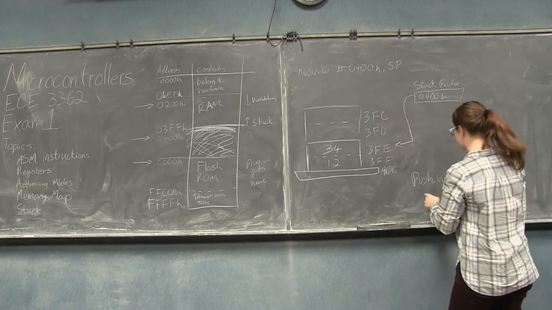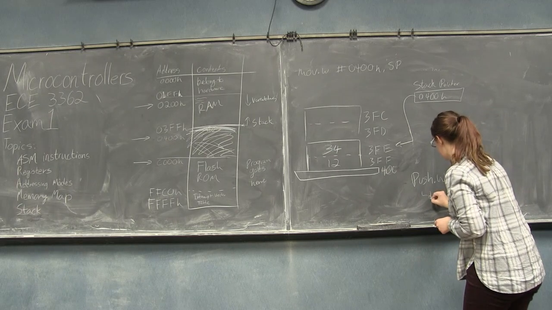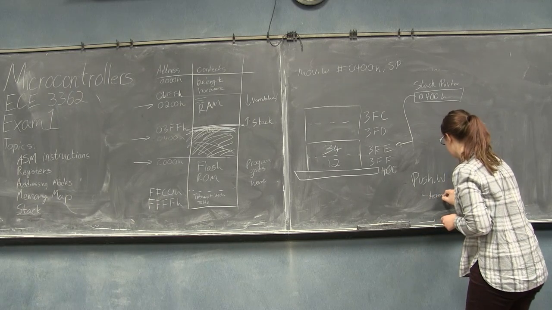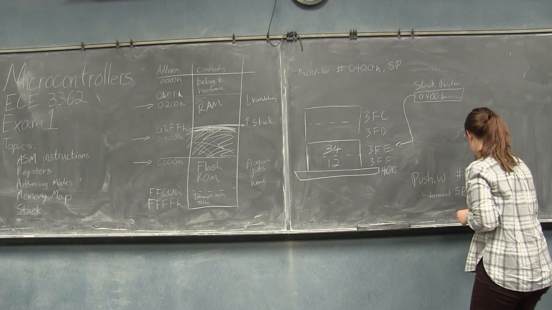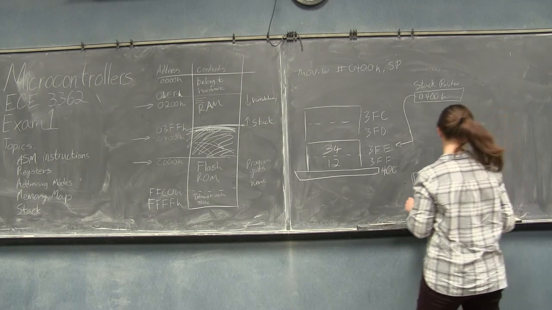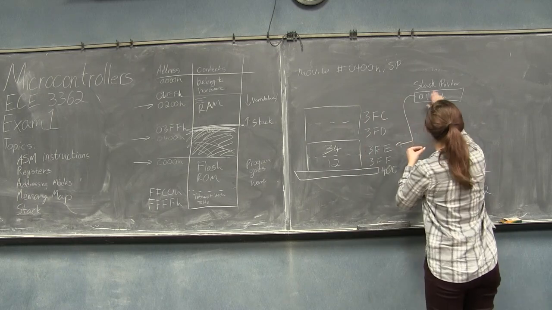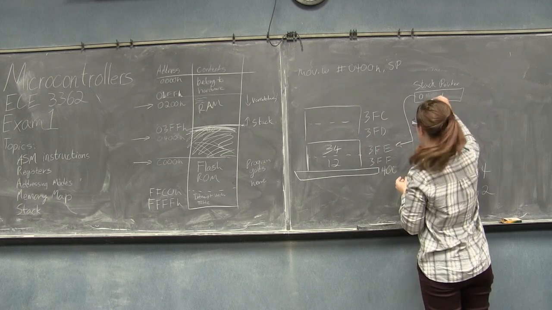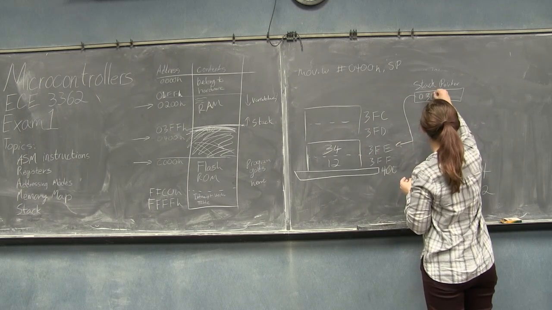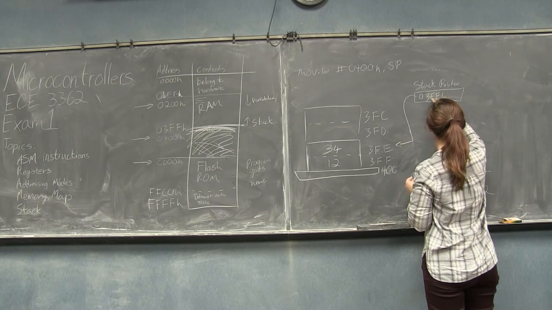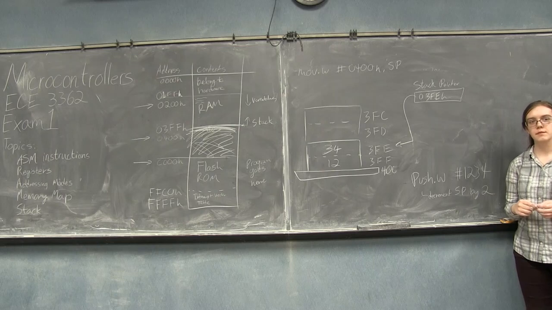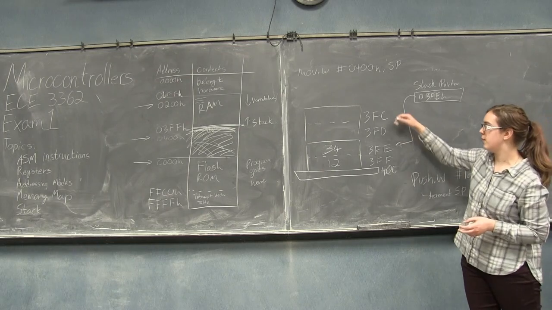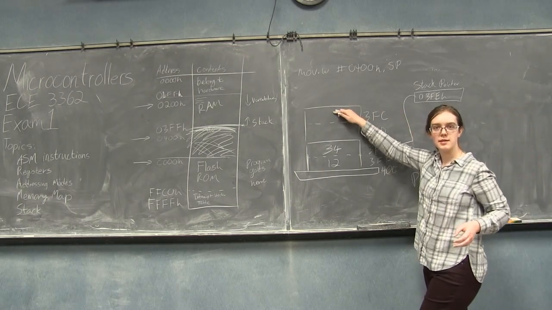So it will decrement by 2. And if you push something else on the top, it will decrement by another 2 and point to this, and so on.